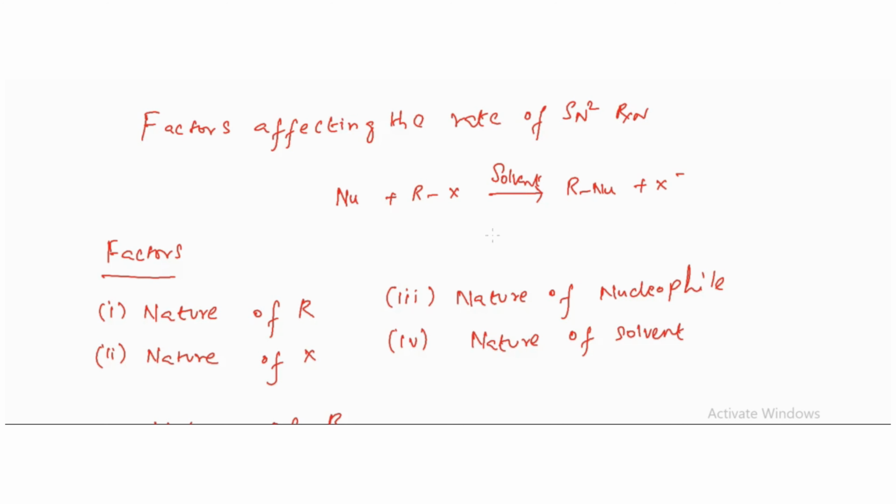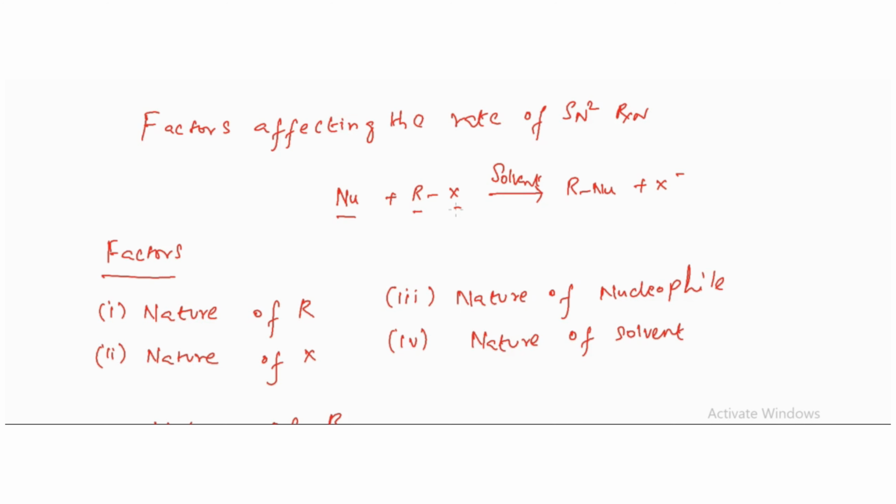Now, what are the factors that can influence or affect the rate of SN2 reaction? Here, whatever we have given is in general: the nucleophile is general, R is a general term, X is a general term.